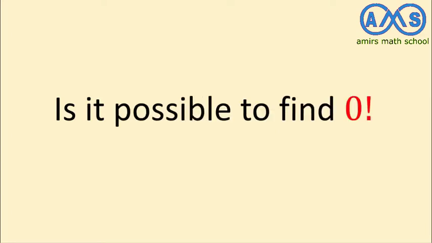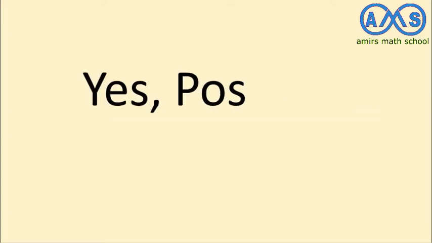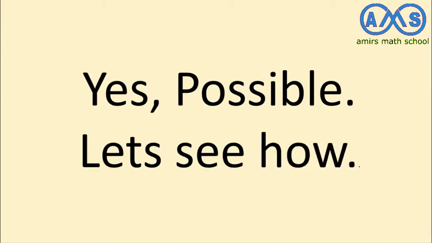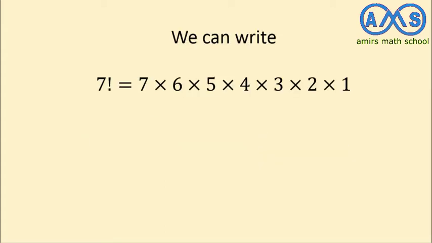Is it possible to find 0 factorial? Yes, possible. Let's see how. We can write 7 factorial equals 7 into 6 into 5 into 4 into 3 into 2 into 1. That is from 7 to 1, multiplication of all integers. And look carefully. From 6 to 1, this multiplication value we can write as 6 factorial.